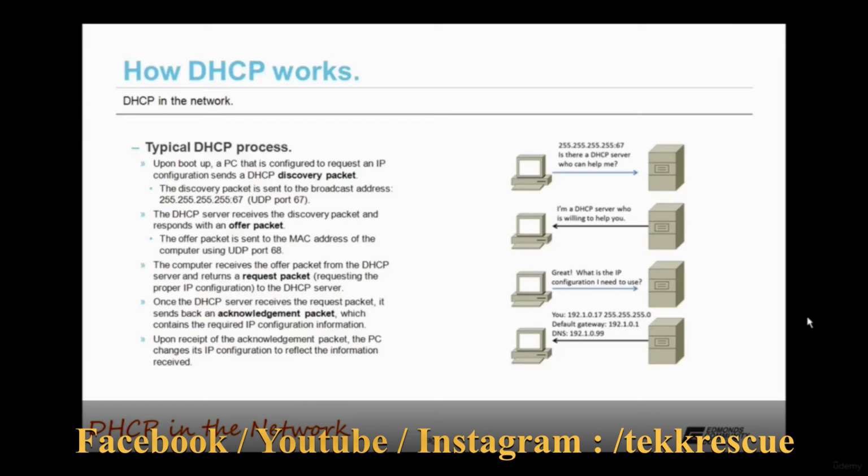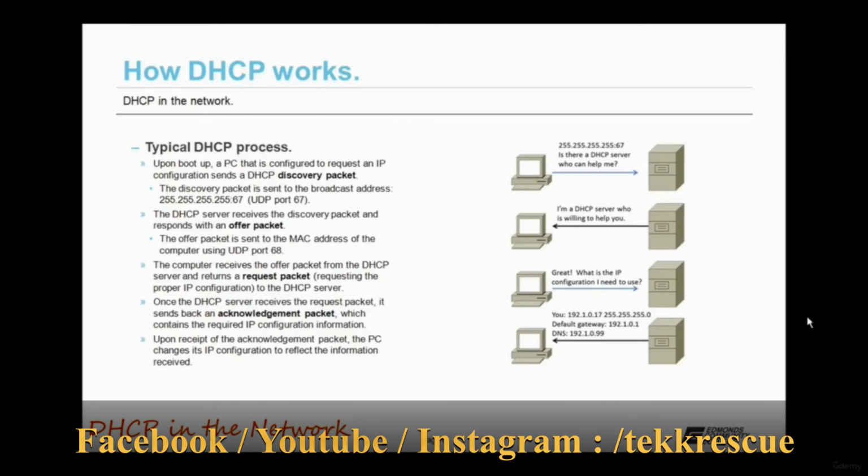The DHCP server is listening to that port. It's listening for that discovery packet. When the DHCP server receives the discovery packet, it responds with an offer packet, basically saying, hey, I'm here to help.